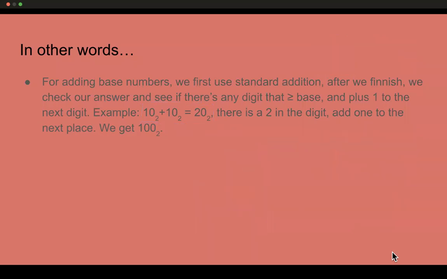Can we move on to doing some more complicated problems? All right. I hope you guys all understood what I just said. Let's move on to the next slide.